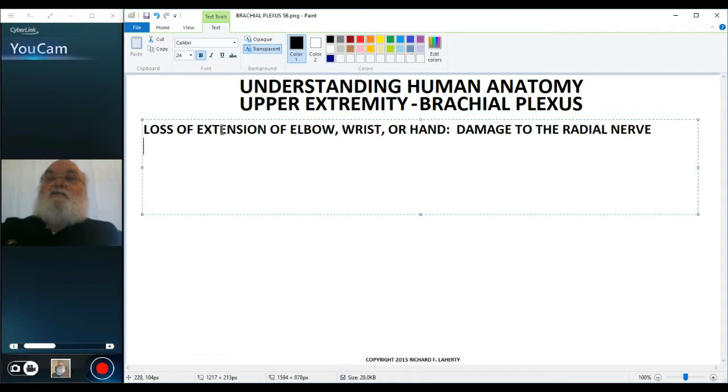If one has loss of the ability to flex the elbow, the muscles that flex the elbow, at least the vast majority of them, are in the anterior compartment of the arm.